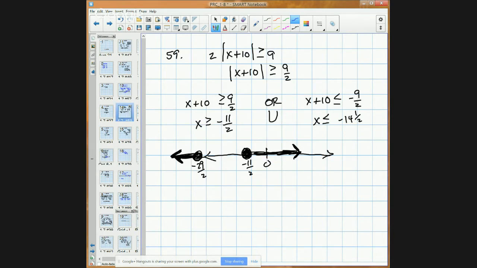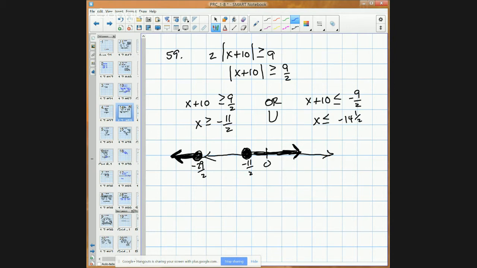Okay, let's see if I copied this correctly. 2 times the absolute value of x plus 10 is greater than or equal to 9. Okay. So you want to get the absolute value isolated. So I really want to get that 2 out of there. Step 1 is divide both sides by 2.